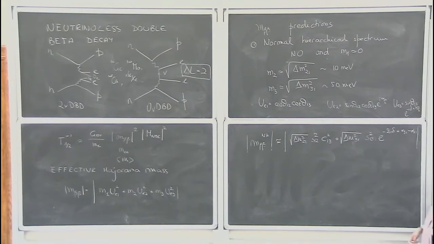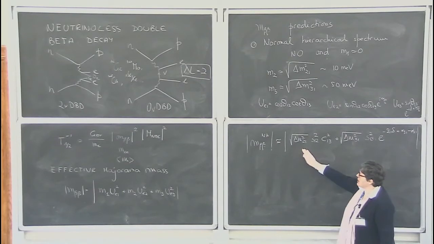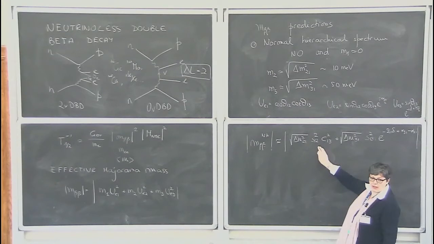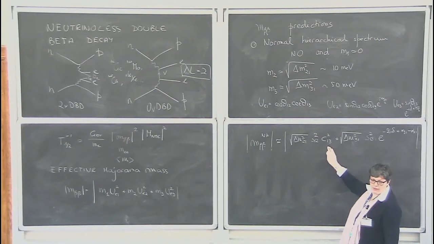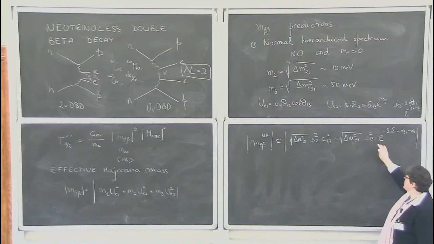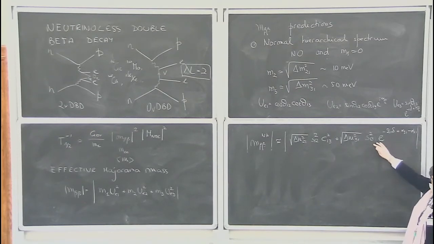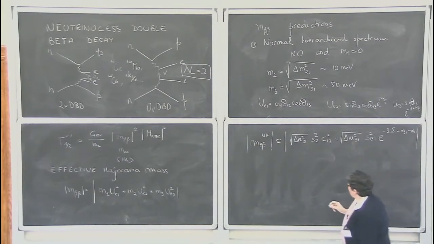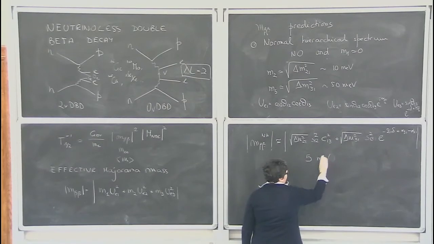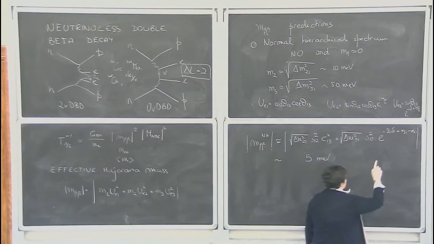So now if I plug in values, this is around 10 millielectron volts multiplied by roughly 0.3. Theta 1,3 is small, so cos square theta 1,3 is roughly 1. Now this term here is around 50 millielectron volts, but is multiplied by the small mixing angle, and therefore it will give a small contribution. And at the end, at most, when I sum them up, I can get around 5 millielectron volts. But I don't know these phases.